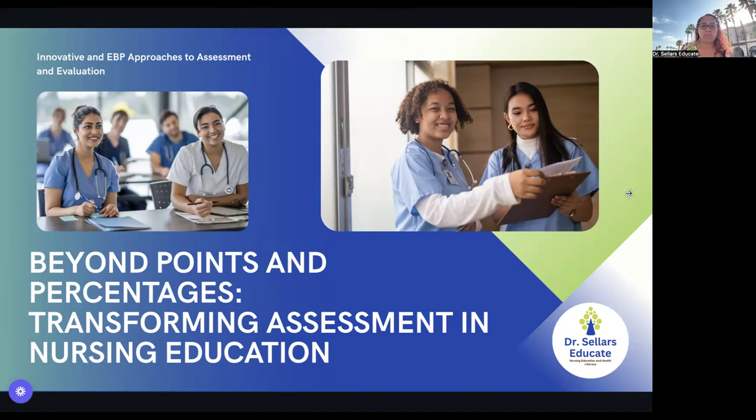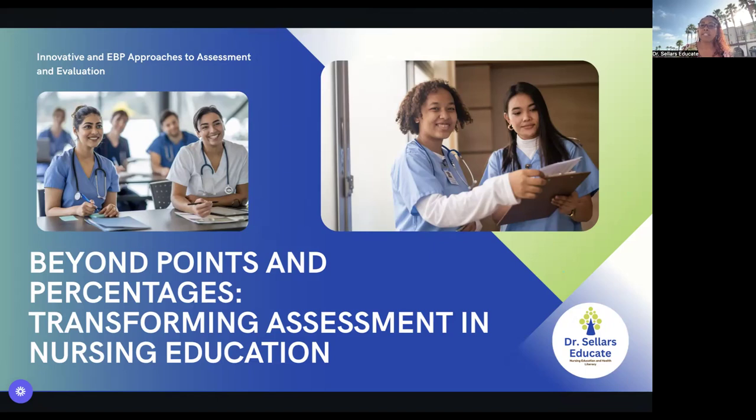In this specific snapshot, we're focusing on what are those specific steps you need to take to transform assessment in nursing education. We want to look beyond points and really talk about what the transformation should look like. Now, I know we have a point-based system, percentages that we look at where we are determining what weight or what percentage of the assessments that we're using will contribute to the overall student's validation of knowledge, okay?